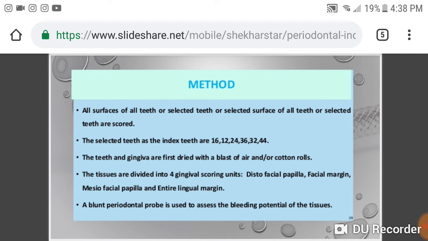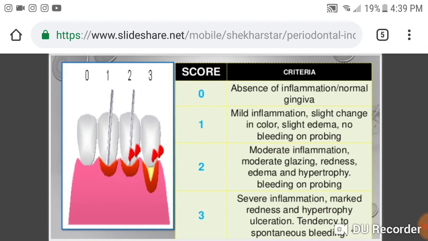The teeth and gingivae are first dried with a blast of air and or cotton rolls. The tissues are divided into 4 gingival scoring units: distofacial papillae, facial margin, mesiofacial papillae, and entire lingual margin. A blunt periodontal probe is used to assess the bleeding potential of the tissue.